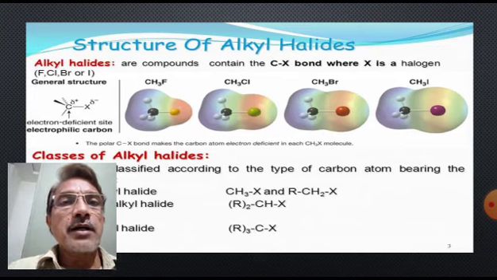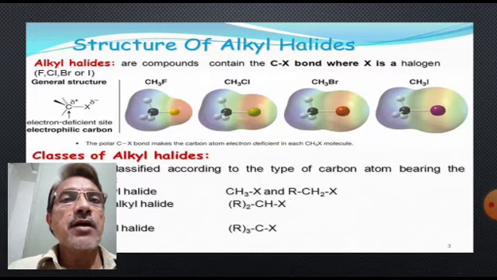Alkyl halides are also called haloalkanes. X may be F, Cl, Br or I, that is fluorine, chlorine, bromine or iodine.